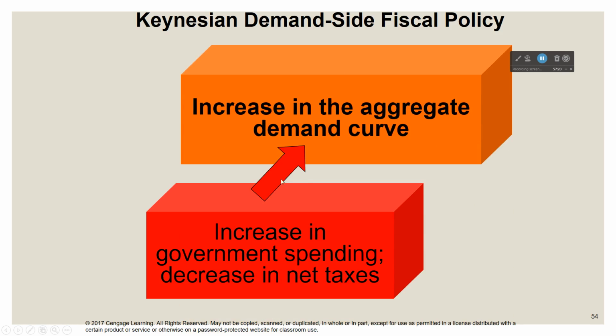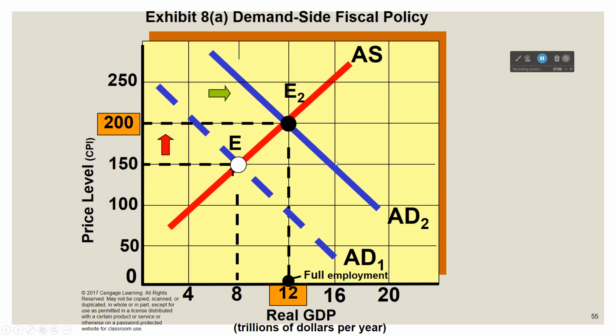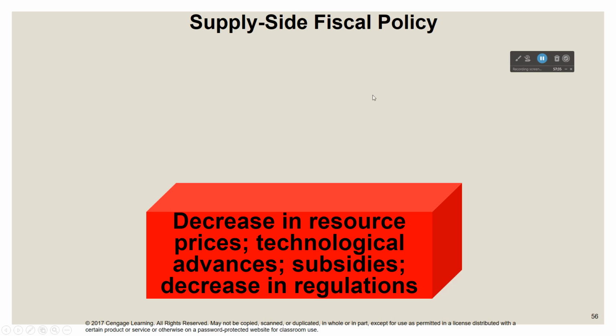So here, an increase in government spending and a decrease in net taxes would increase the aggregate demand curve. That's a Keynesian demand side fiscal policy. And we see how that would work from the lectures we just completed.